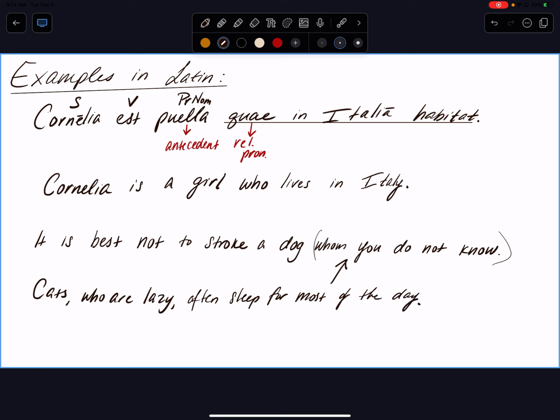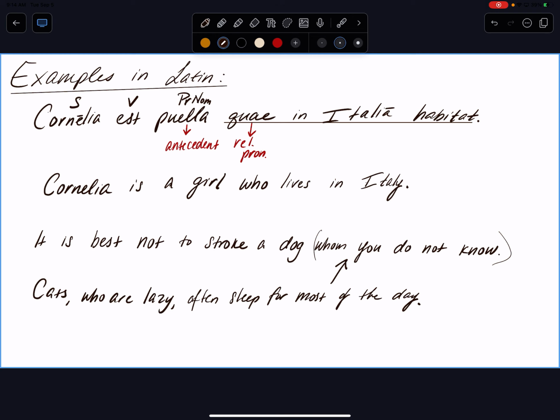Because we're not talking about a specific cat, we're just giving general information. It's almost non-essential, and you could say "cats often sleep for most of the day." The "who are lazy" is not really giving us that much more, and it's not terribly specific. Does that make sense? So we put the commas around that.